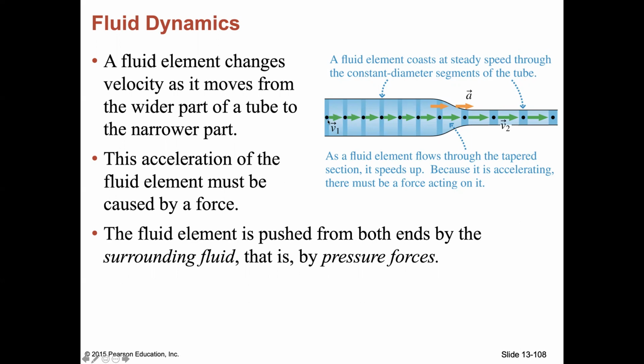So here, at the beginning, if we take a look at a fluid element, we can see there is a velocity for this fluid element. It could be V1. And here, if we take another fluid element, the velocity could be different.